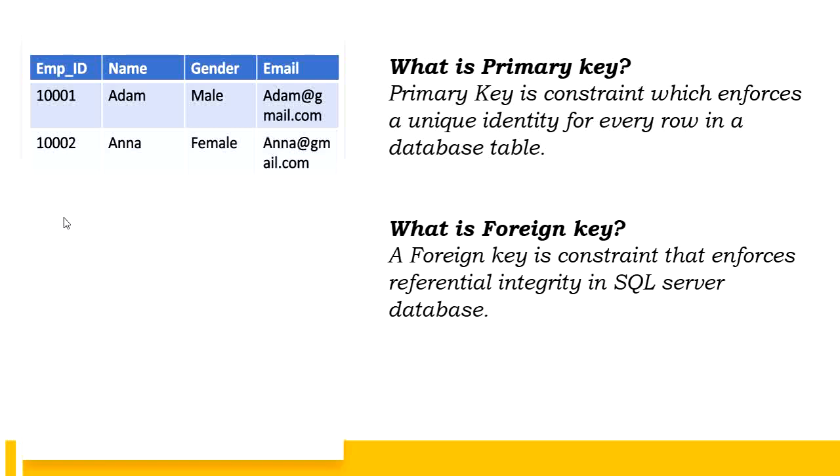In that case you have to have a separate key to identify that particular row. Let's take an example. In your school or in your college, along with your name you will be having a roll number, right?